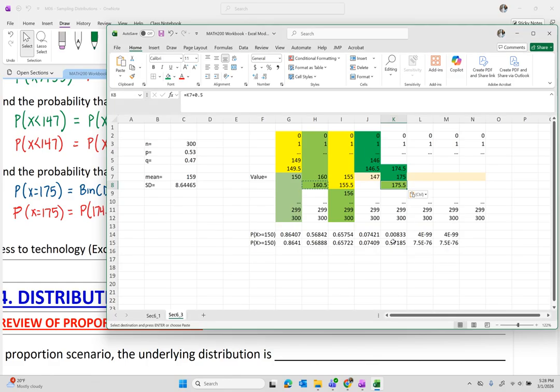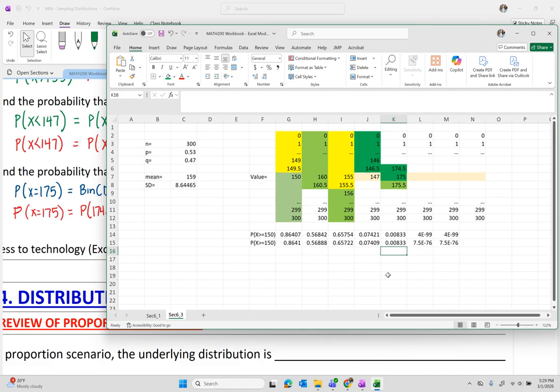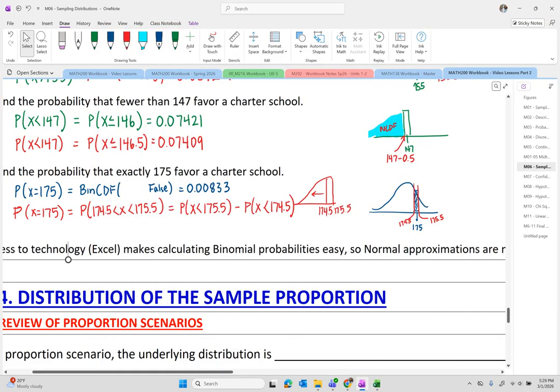So to calculate this in Excel, like I said, it has to be the normal distribution of 175.5 true minus the normal distribution of 174.5. So the CDF of 175.5 minus the CDF of 174.5. And the answer is very close again, 0.00833.